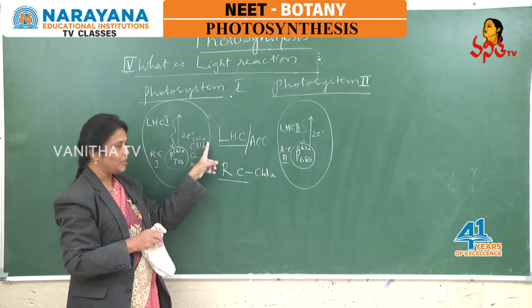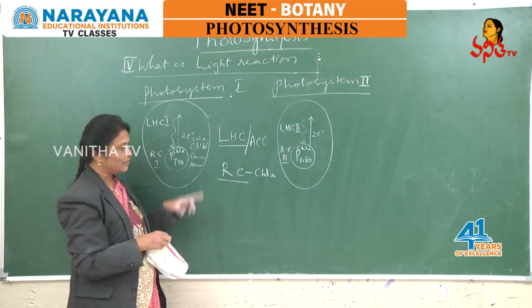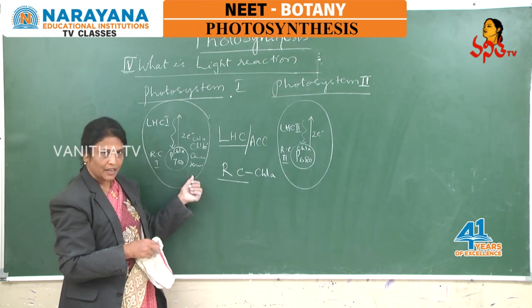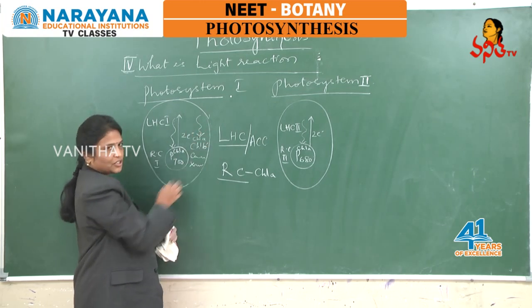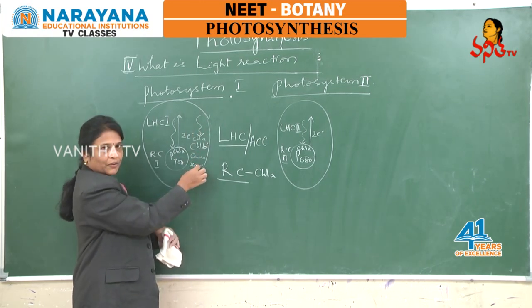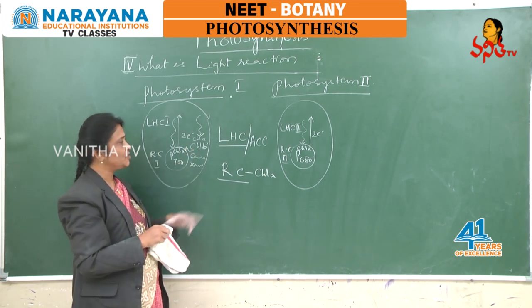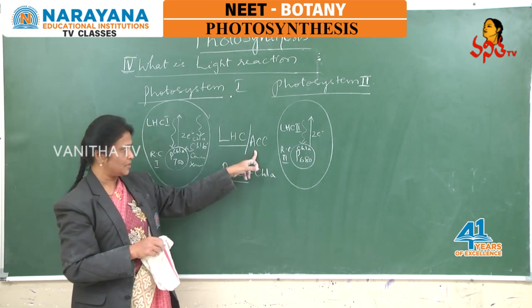Other chlorophyll A molecules as well as chlorophyll B and carotenes and xanthophylls are located in the light harvesting complex, the surrounding area of the reaction center, and they also trap the solar energy, but they are not involved in photochemical reaction. They shift that solar energy to the reaction center. So, they can be referred to as antennae chlorophyll molecules. Okay?